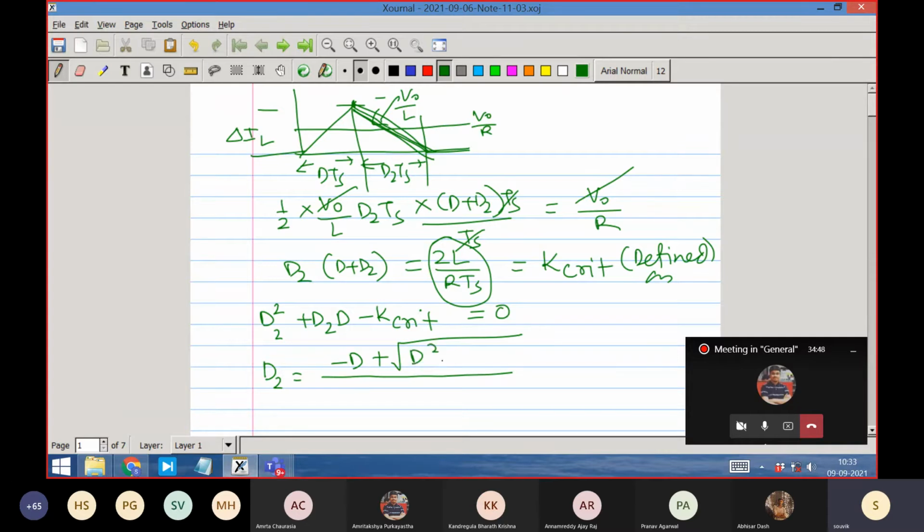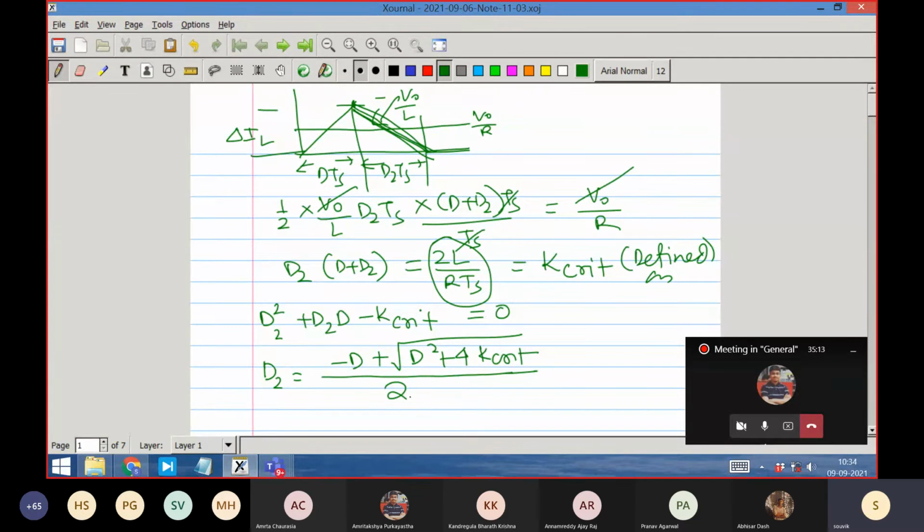So D square minus 4 into K crit by 2A, that is 2, right? So D2 has to be solved by this kind of quadratic equation, which will give you the value of this for a given converter.